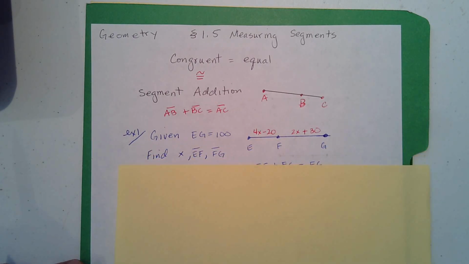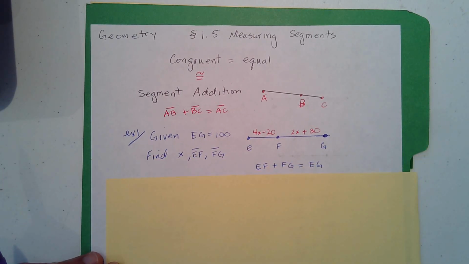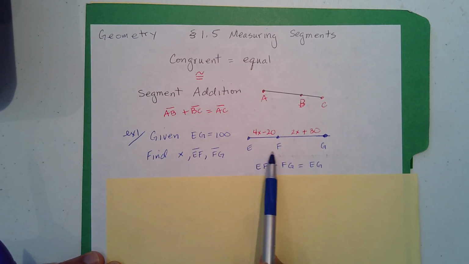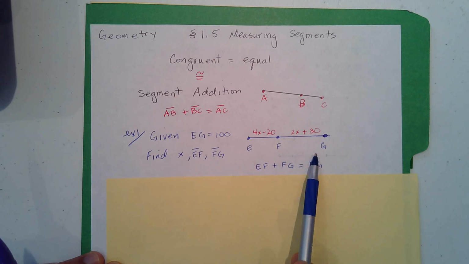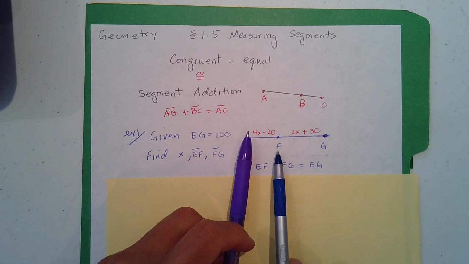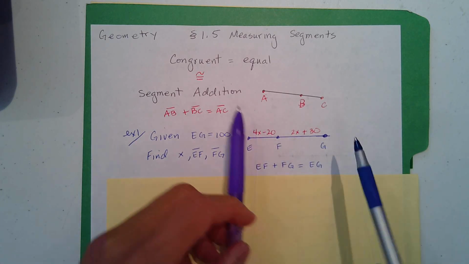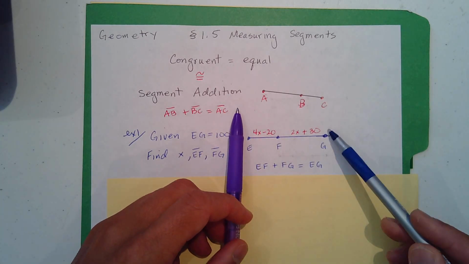So we are going to start off with our segment addition. If I take EF plus FG, I will now have EG.